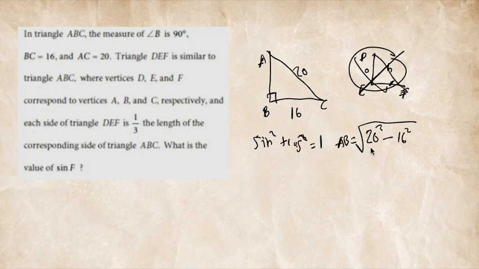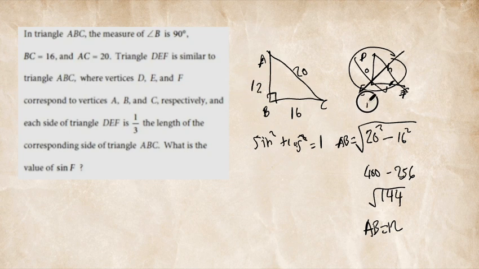So 20 squared is 400, 16 squared is 256, and this is going to be 144. So the square root of 144, AB is equal to 12, so that will be 12 over here.